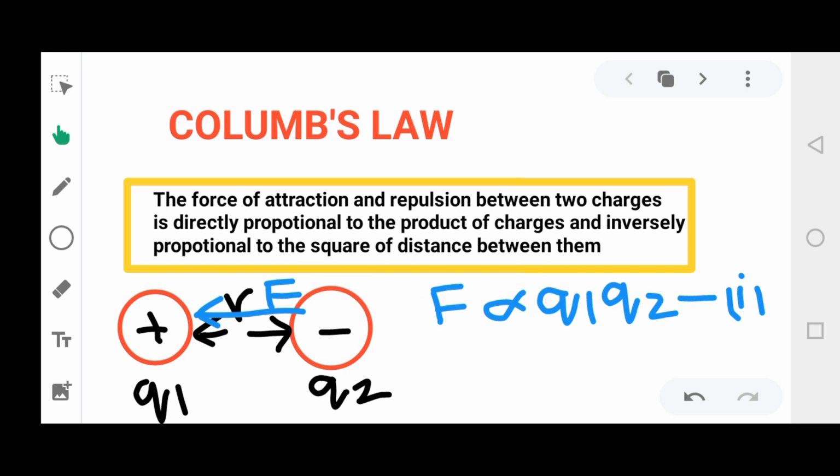To the square of distance between them. We assumed the distance between these two charges is r, so the force is inversely proportional to the square of distance between them. Let's say it is my equation number 2. So we will combine equations number 1 and 2.